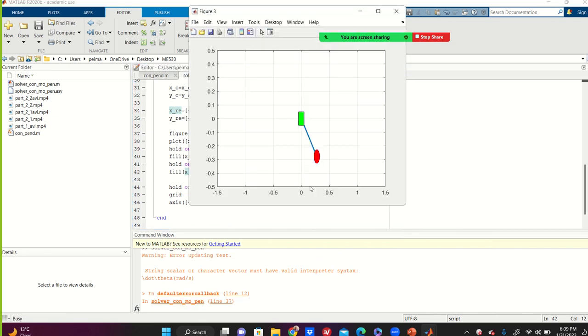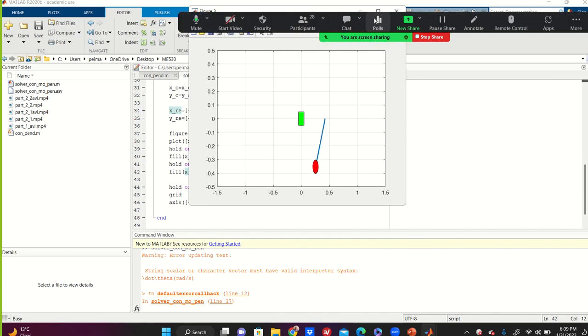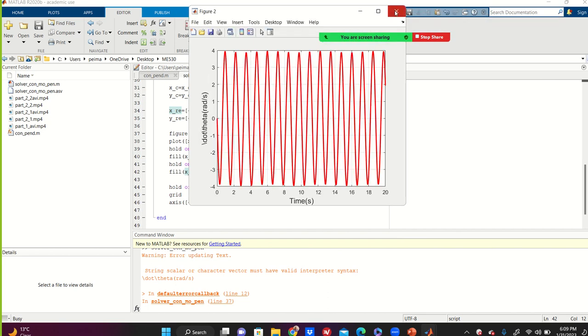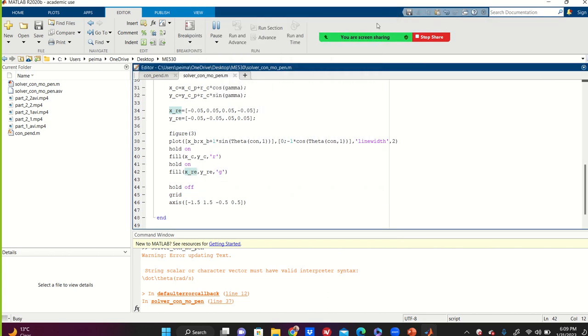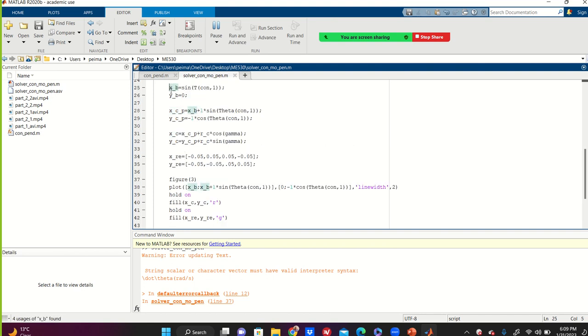So let me see if it works based on this scale. Fill. Oh, I forgot this. I see. Because this is being moved by what? Being moved by base. We have disturbance. I forgot this. X of b is its x is x of base plus this. Everything is moving with the disturbance. That's right. X of b sine t.